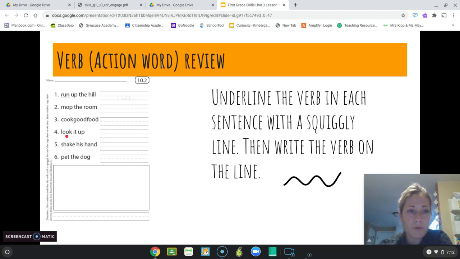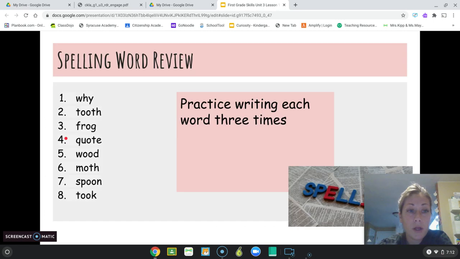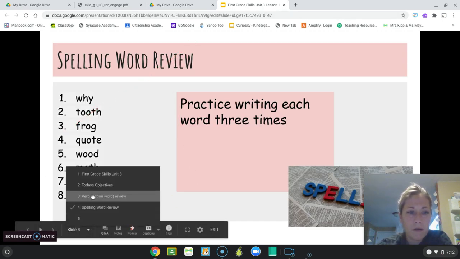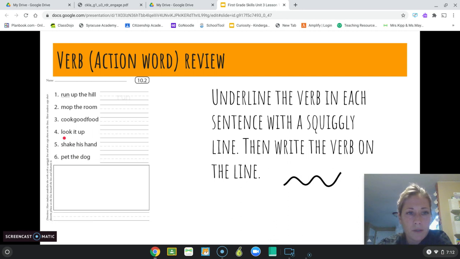Next one, number 4. Look it up. What's the action word? What's the verb that tells us something we're doing? Look, right? Look. That's an action word. There we go. So we would put a squiggly line under look and then write the word look right here.